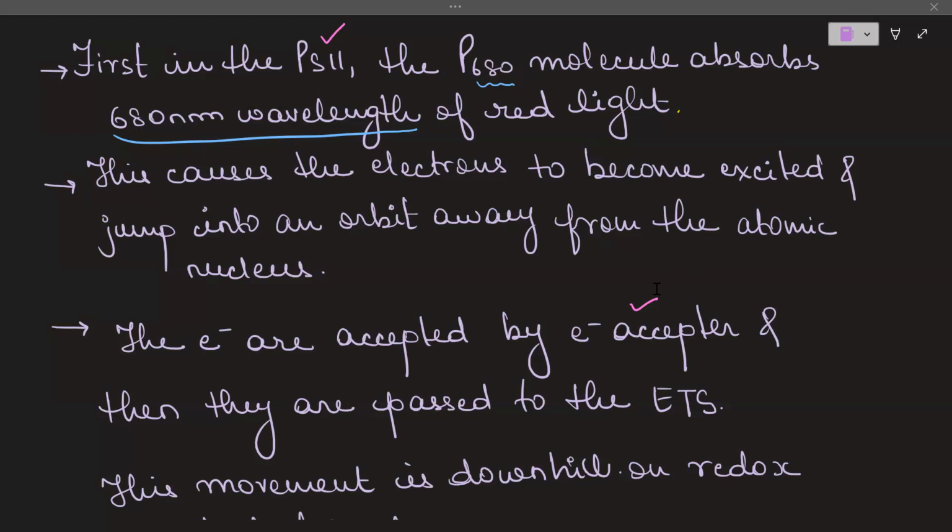Like which part is photosystem 2 and which part is photosystem 1? Did you label it nicely? Yes, ma'am. Okay.